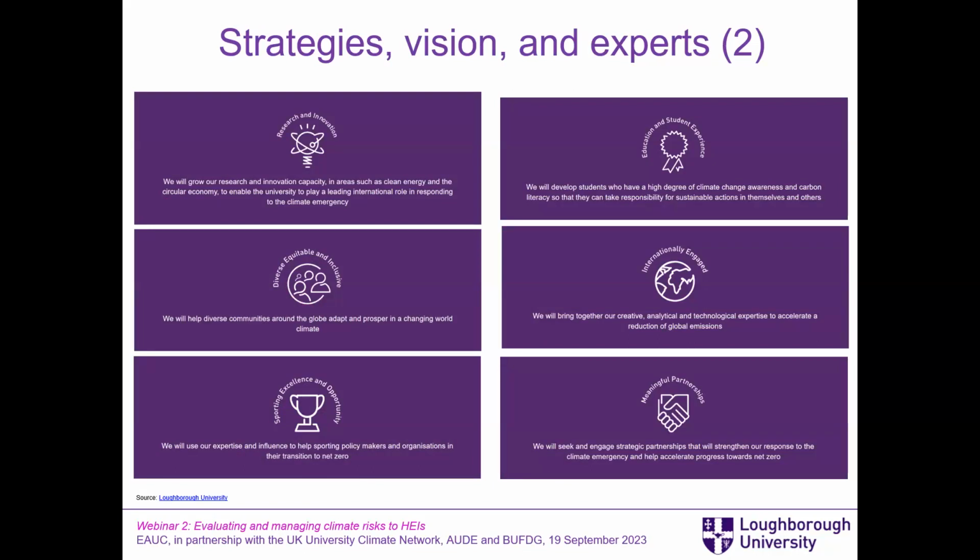If we drill down beneath the climate change pillar, the big aim for the university, then there's other activity areas around research and innovation, student experience, partnerships, and so forth. And what struck me from the point of view looking at Loughborough's strategy is the emphasis is very much on mitigation rather than this resilient net zero. So again, I think that's not atypical.